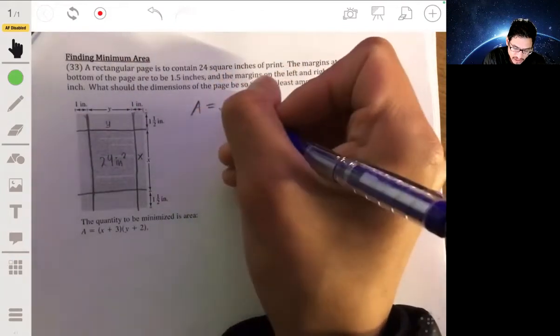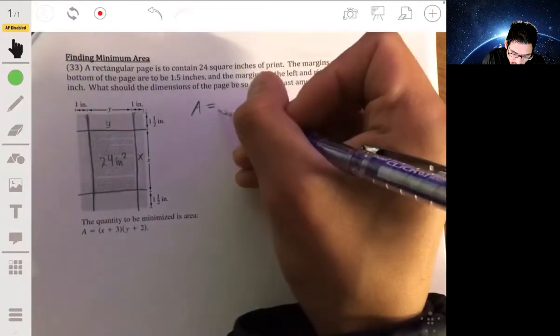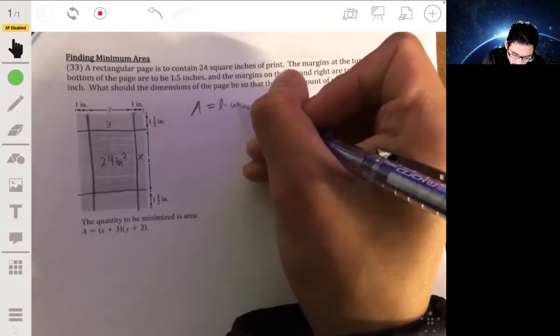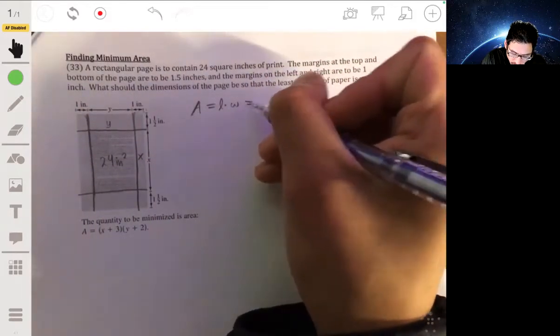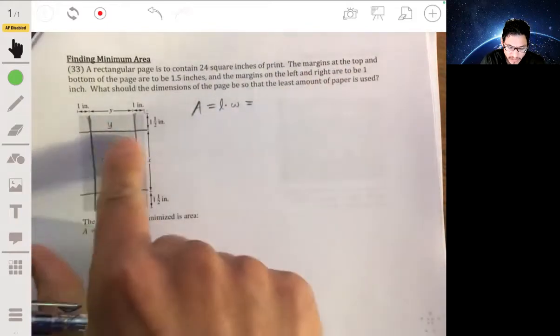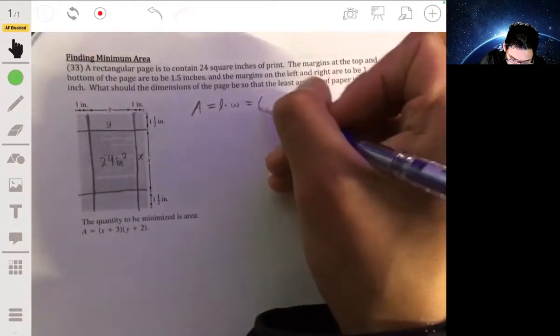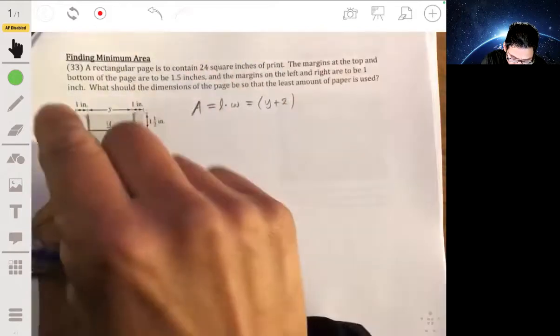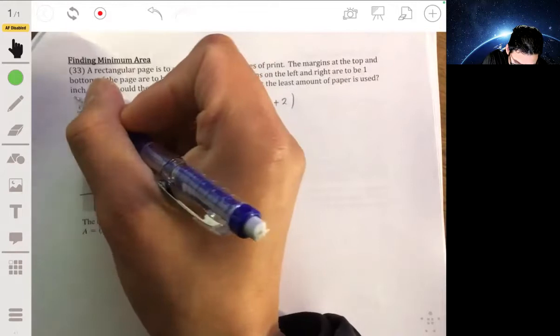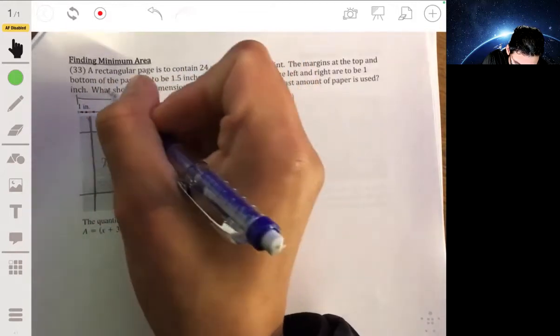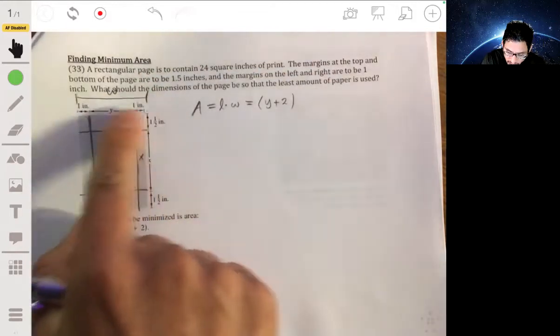And area is basically going to be the length times the width. In this problem, it's given that the width is y plus 1 plus 1. So the width across will be y plus 2 because you have 1 and 1. The whole thing is, let me label here the width of that area across.